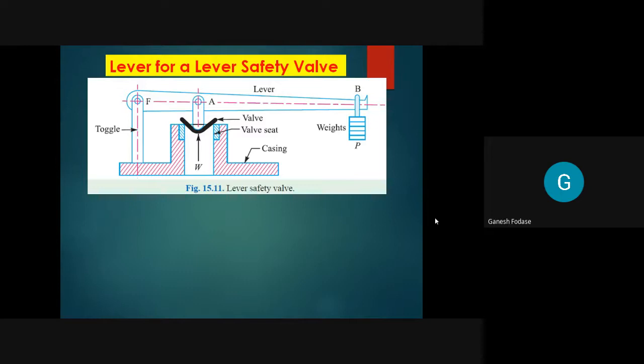No one else? Only boiler and pressure cooker are the things where a safety valve is used? You have internet. When I ask the question, you can search on Google, but you are not taking that much effort. I know how you are copying in online examination; you are trained people now.